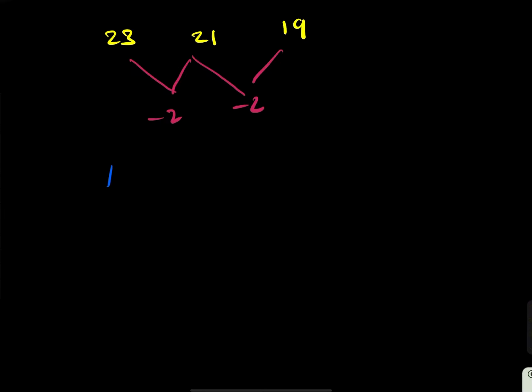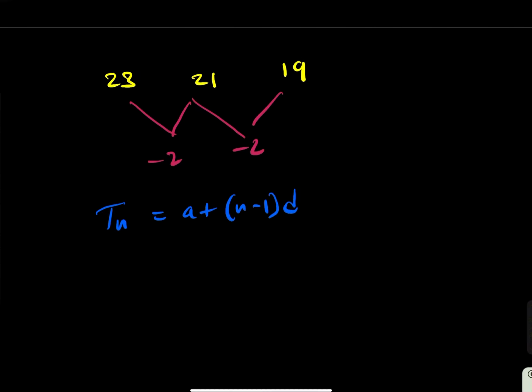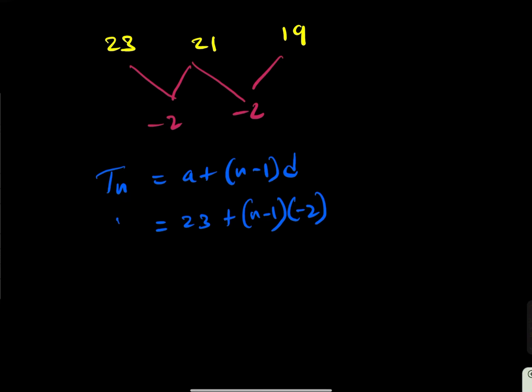Now, pay attention. You're going to say Tn is equal to a plus (n minus 1) times the difference. Remember, the first difference of a quadratic is a linear pattern. So the first term is 23, and then a plus (n minus 1) times your difference, which is negative 2. So this will mean that Tn is equal to 23.